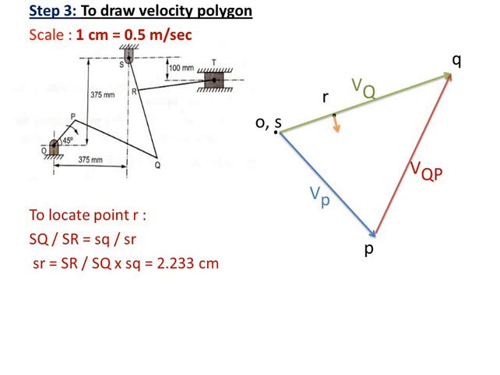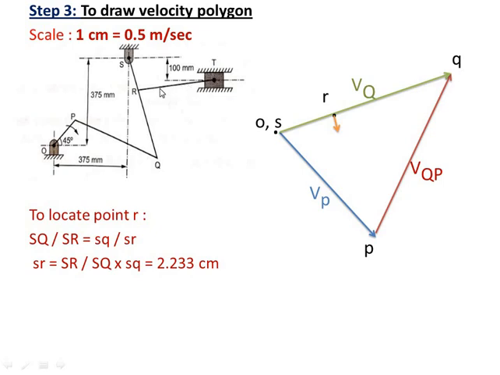See, in the velocity polygon only the magnitude of the velocity of the crank will be known. The velocity of any other link is unknown. It has to be located by the intersection of the velocity vectors of the two links. So in the same way, locate this velocity vector of RT which is perpendicular to link RT.